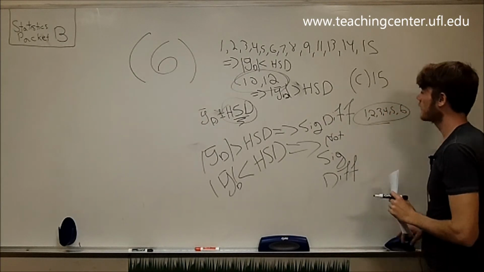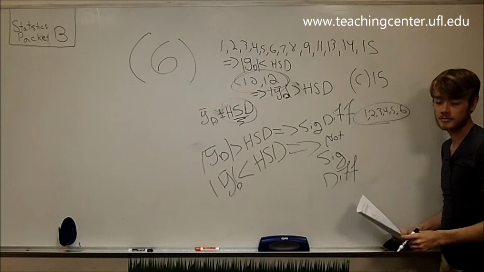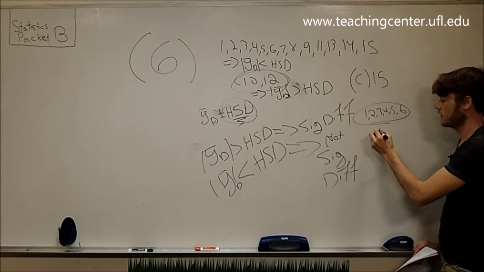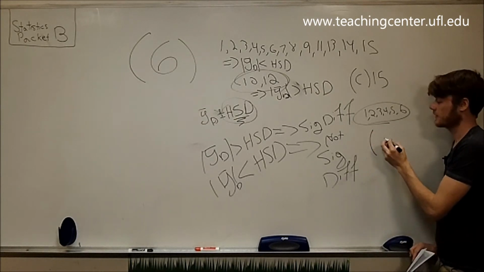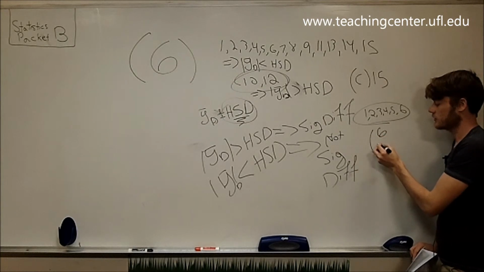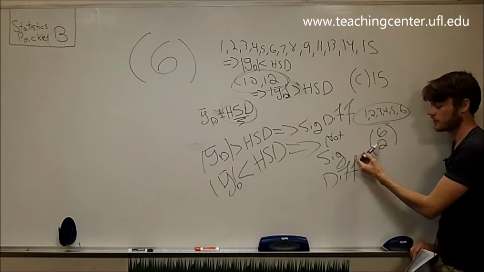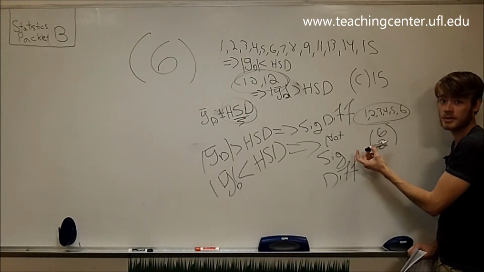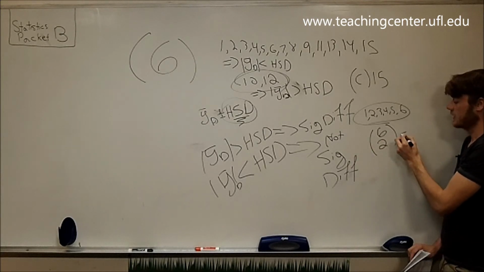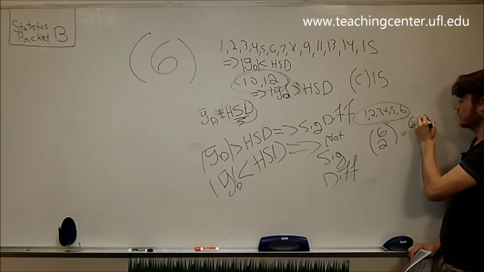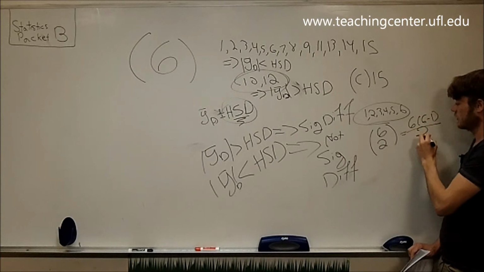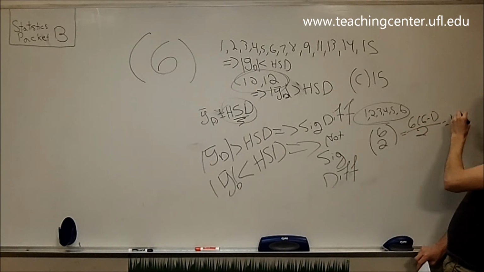And how do you find out how many comparisons are going to be made? Well, this is the general thing: you do 6 choose 2, because you're choosing 2 to compare out of 6. And that equals 6 times 6 minus 1 over 2, which equals 15.